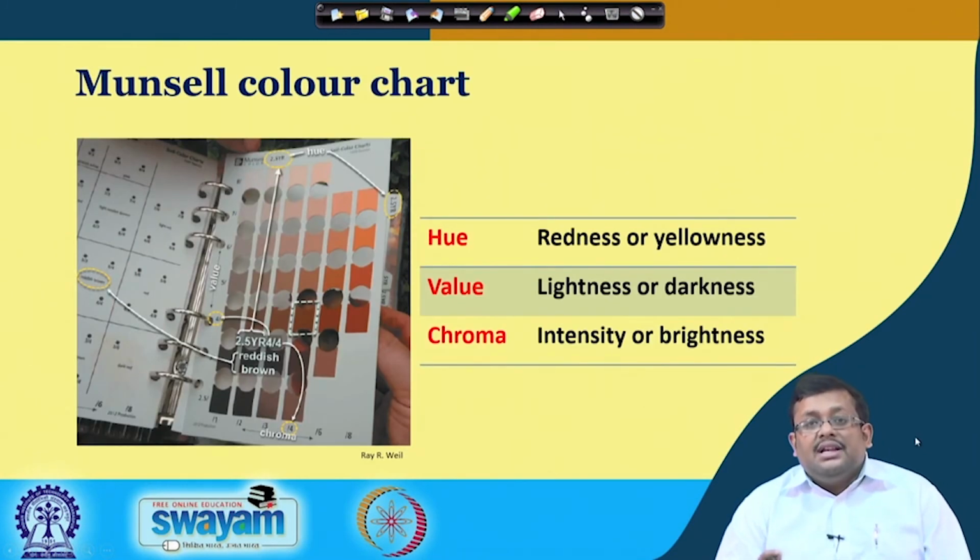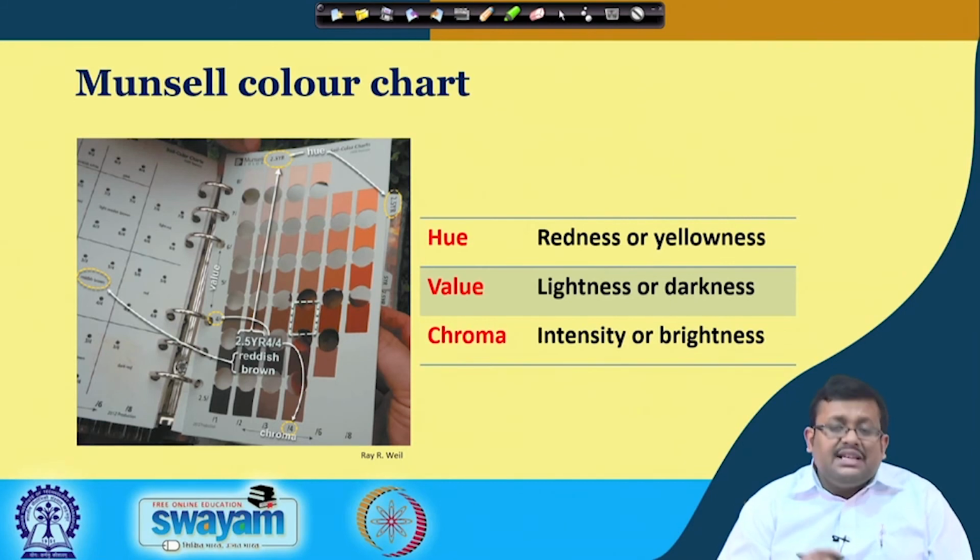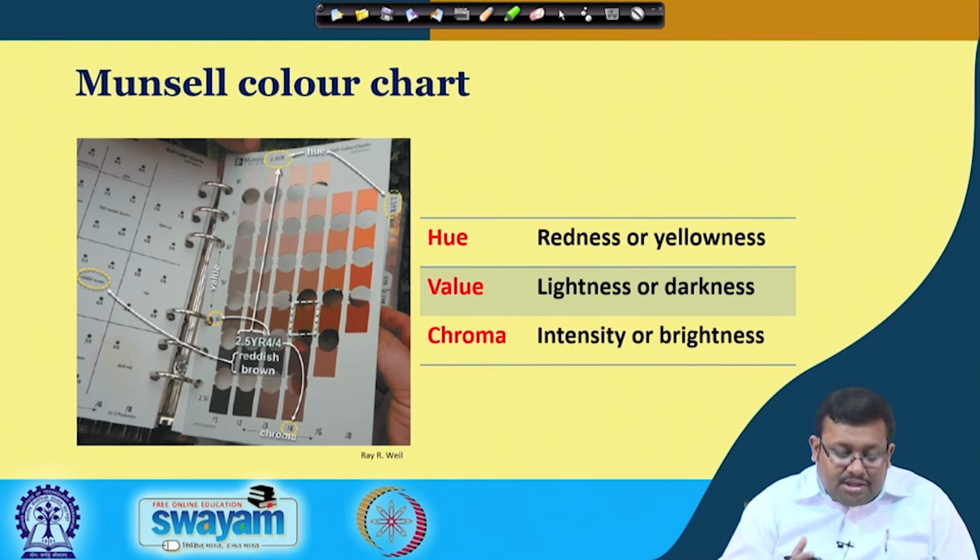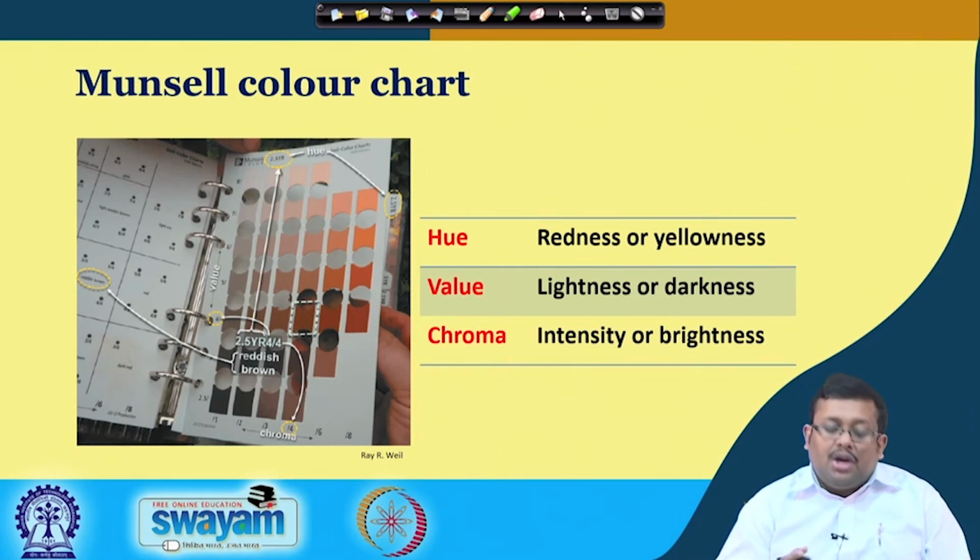The Munsell soil color chart is basically a book. If you open the book, you will see several pages with different chips of color. These color chips indicate the soil color, and based on the proper matching of our soil with these color chips, we name that particular soil.